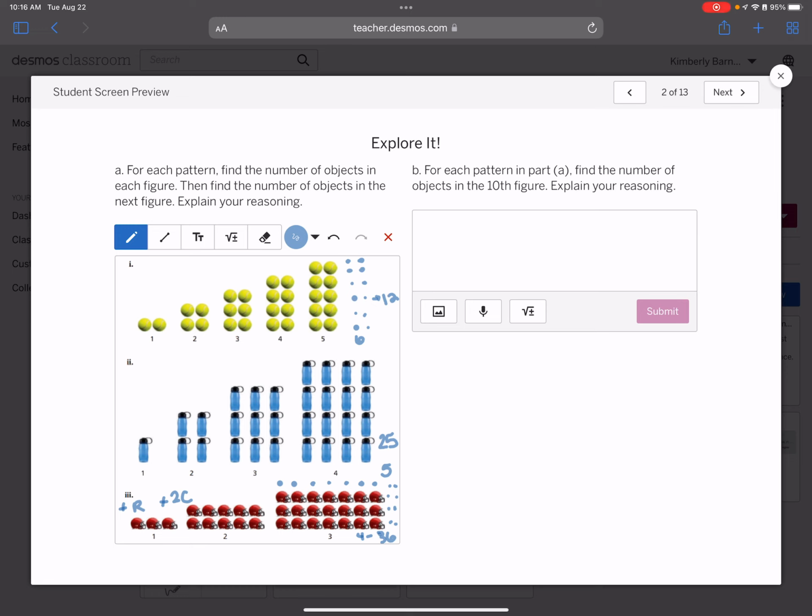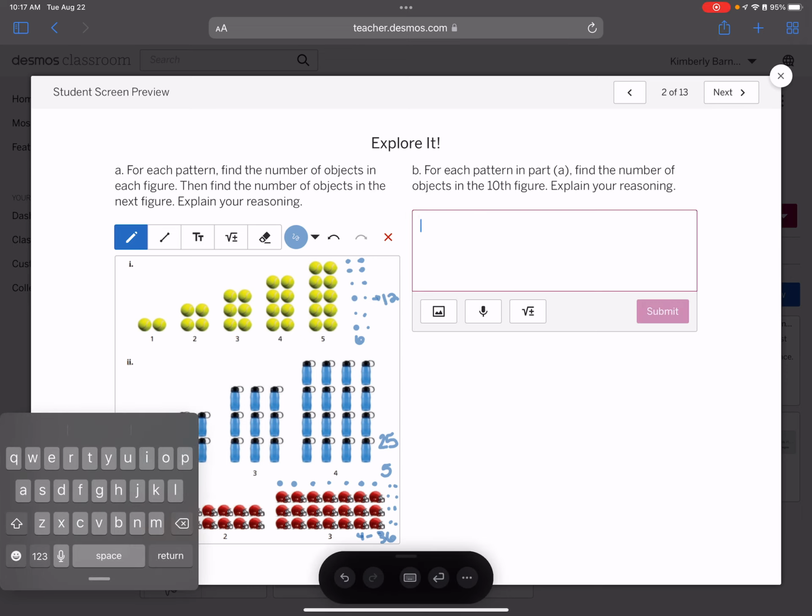So in the first figure, the tennis balls, I'm adding 2 every time, so it's like I'm multiplying each position by 2. So in part 1, I'm taking 2 times x.